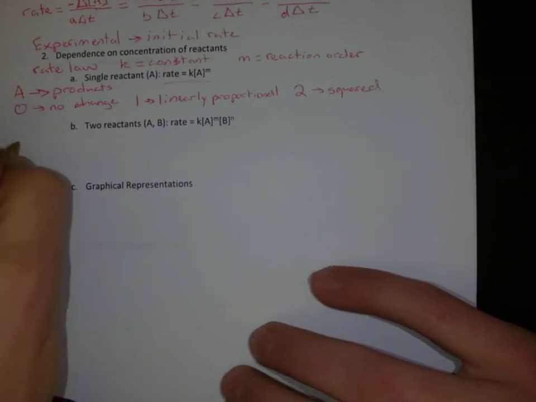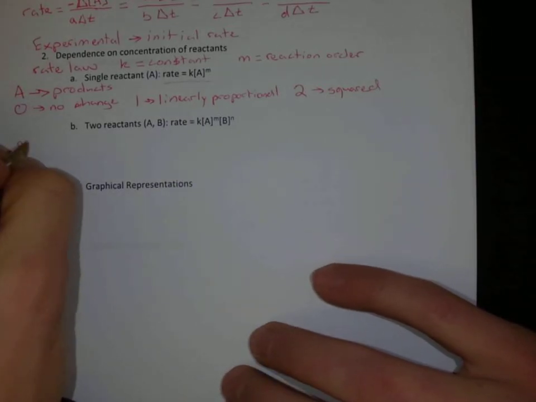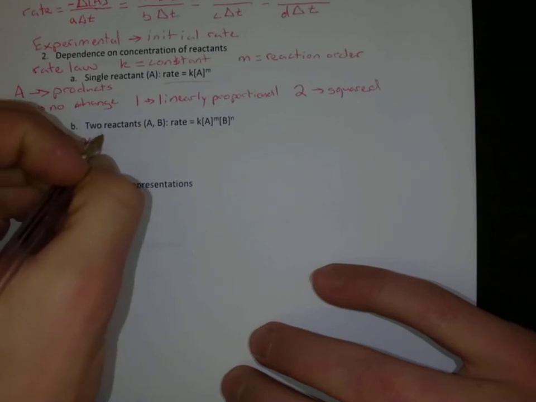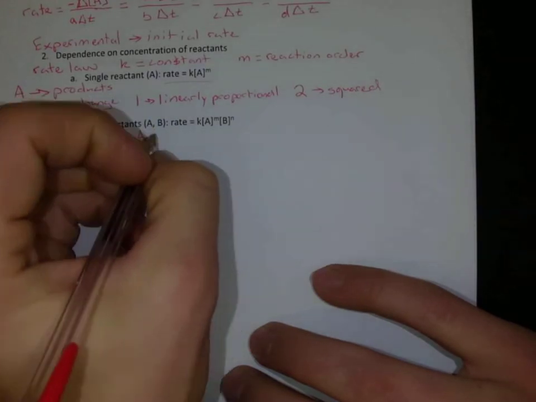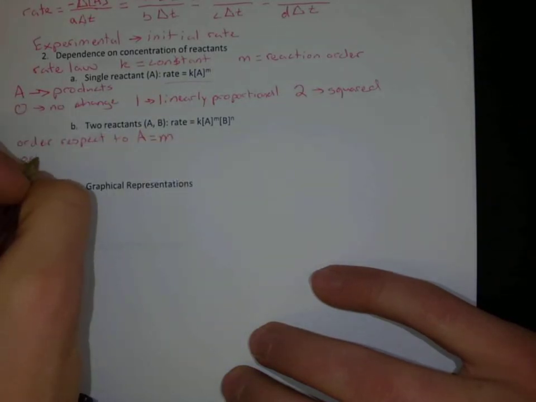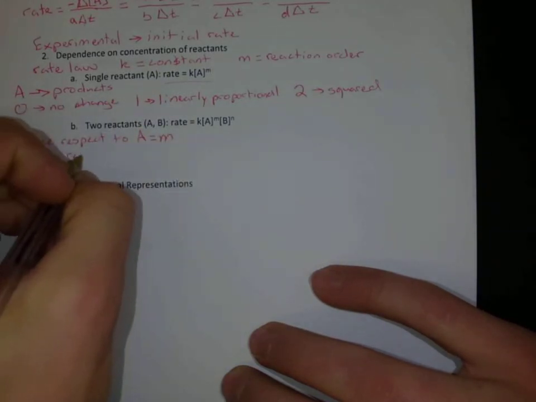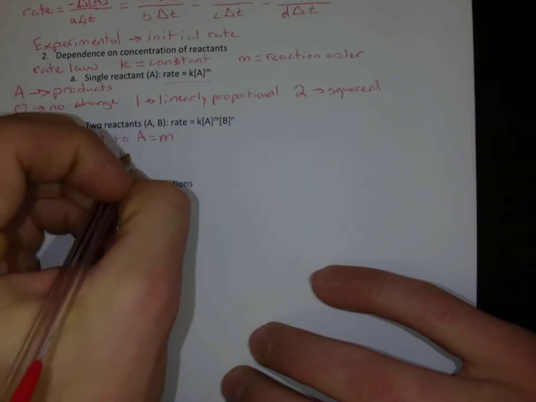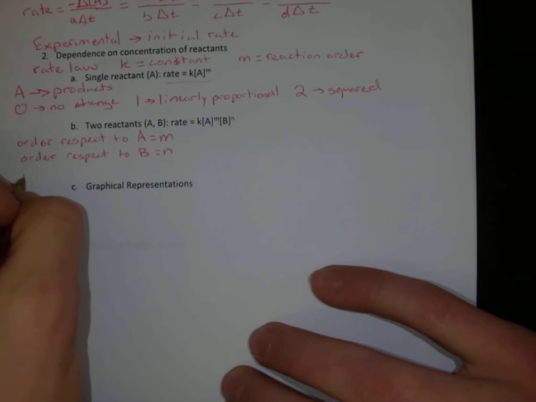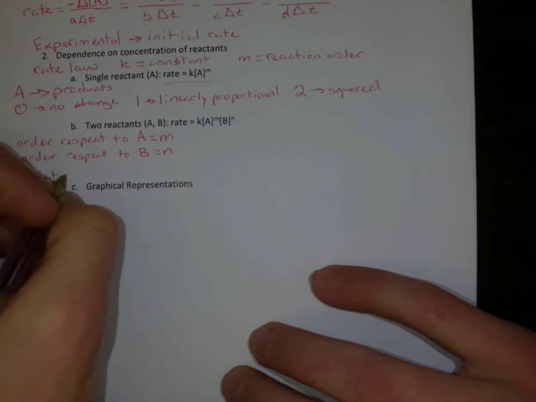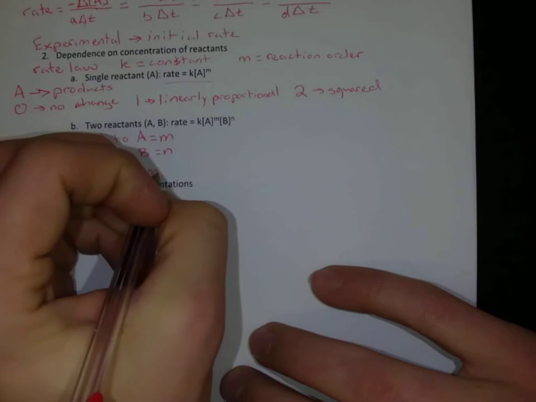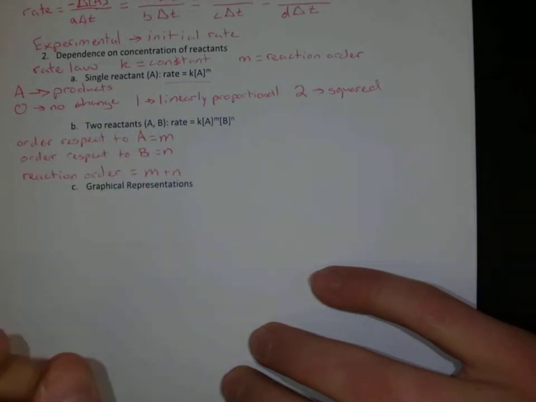But we can have the order with respect to A, and that's going to be equal to M. The order with respect to B is going to be equal to N, and my overall reaction order is going to be equal to M plus N, okay?